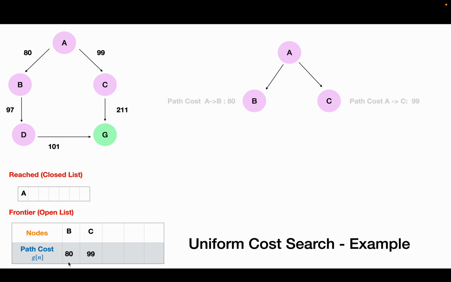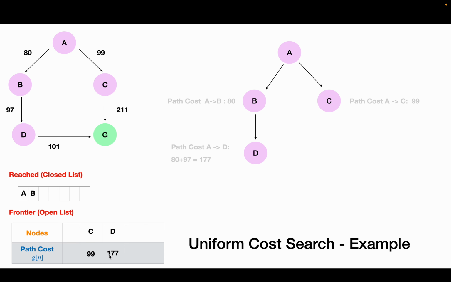So B will be pursued first and later C. After generating the children, we consider B as the node to be pursued, and that is placed in the closed list, and we generate the children of B. There is only D as the child node for B with path cost of 97. So the total cost at D is 80 plus 97, which is 177. This also will be placed in the open list for it to be pursued later.